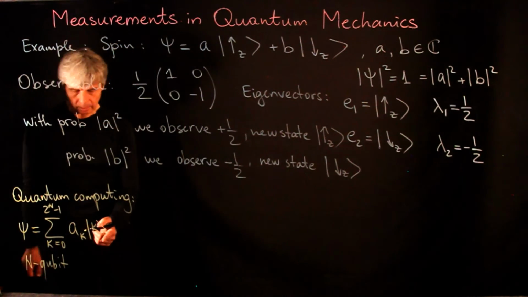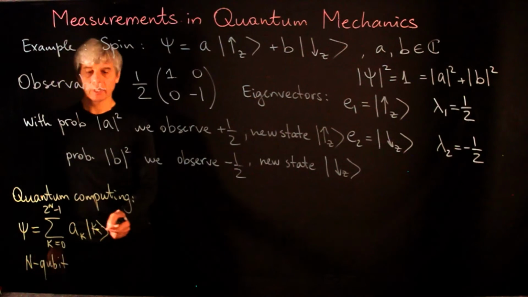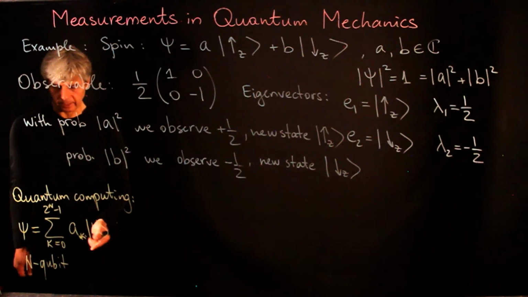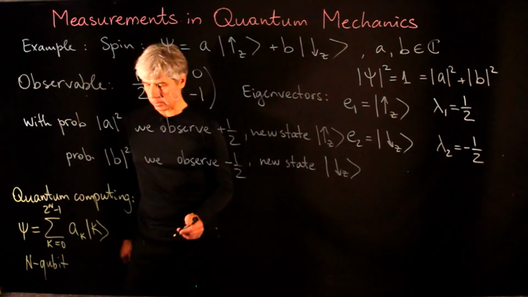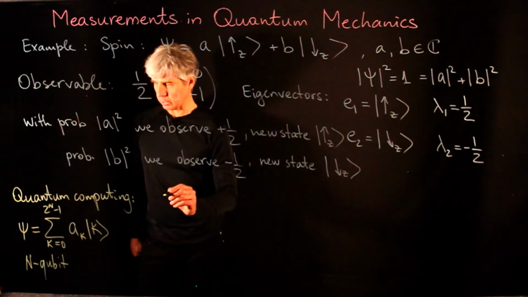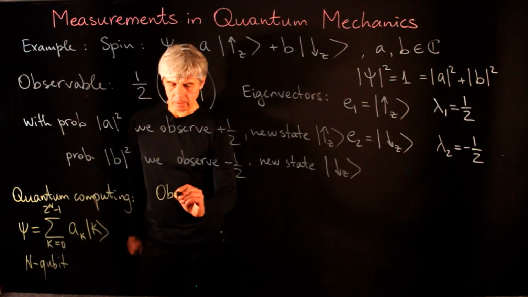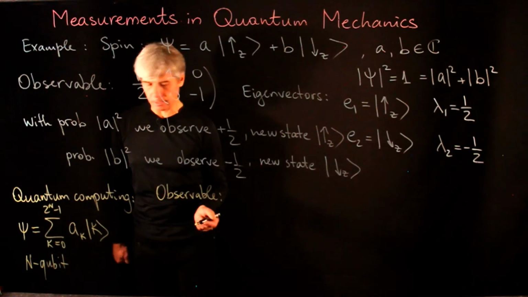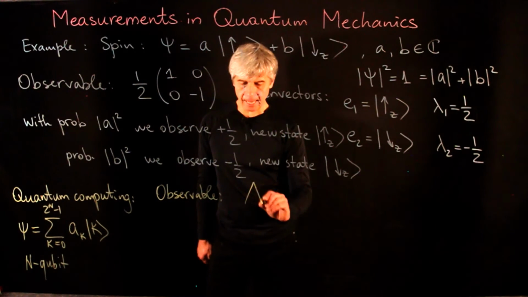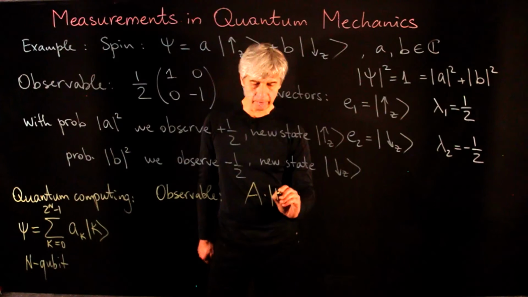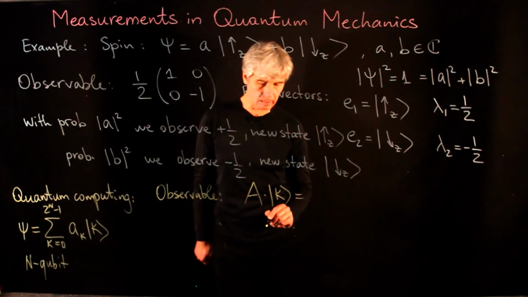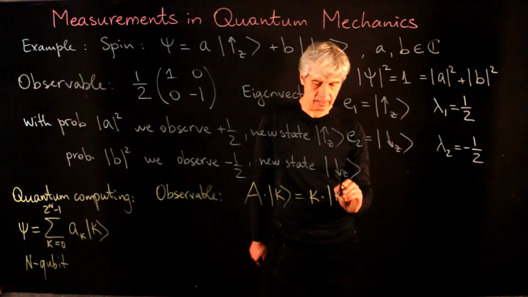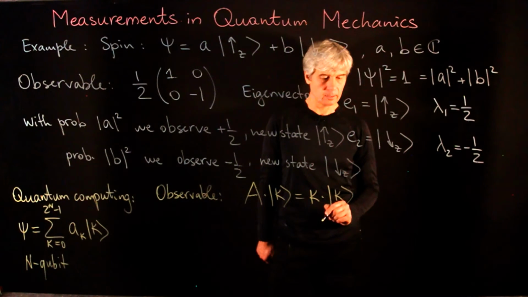And here k is an integer, but we write this integer in binary form. So this is what an n qubit is. And so the observable that we need is the following diagonal operator. We need an operator A acting on vector k equal to k times this state, right?